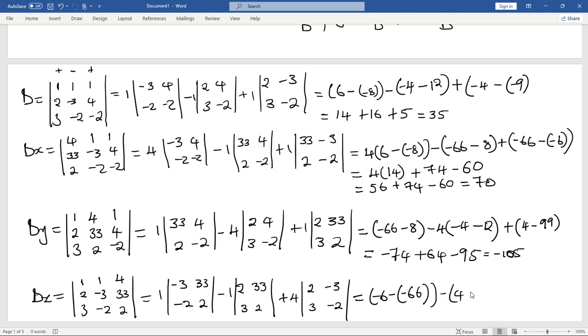Then 3 by 3, we get 99. So minus 99 like this here. Then plus, there's a 4 outside there. Then here, 2 times negative 2, we get negative 4. Minus 3, negative 3 times 3 here, we get negative 9. We close like this here. So let me just scroll down a bit.